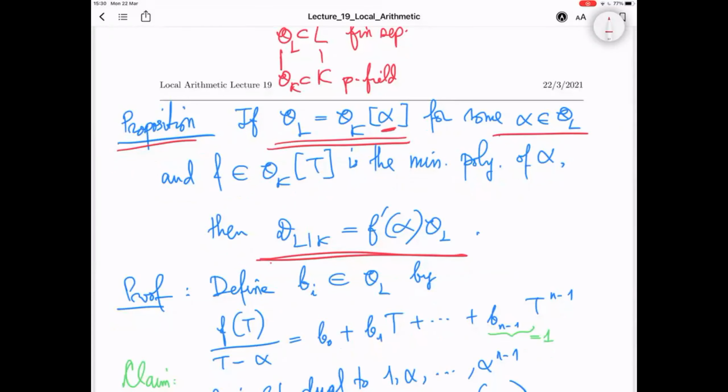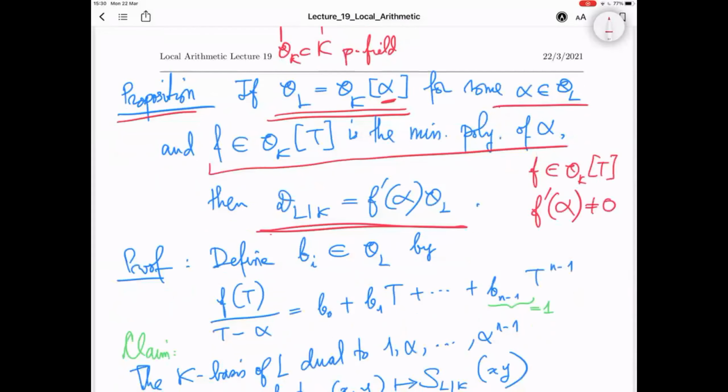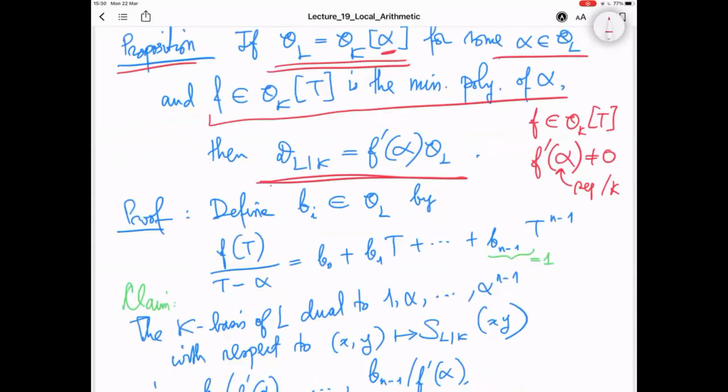This is not zero, I know, because f is separable over K, so alpha is not a root of the derivative of its minimal polynomial. In any case, this non-zero element generates an ideal. It's also an integer, right? Because the coefficients of f are integers and alpha is an algebraic integer. So the proposition says that the different of L over K is the ideal in O L generated by f prime of alpha.